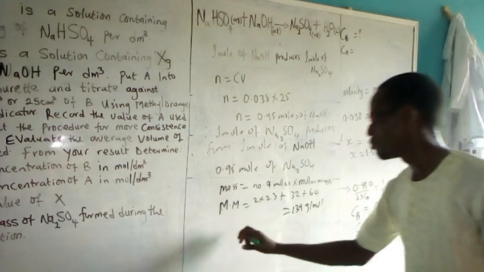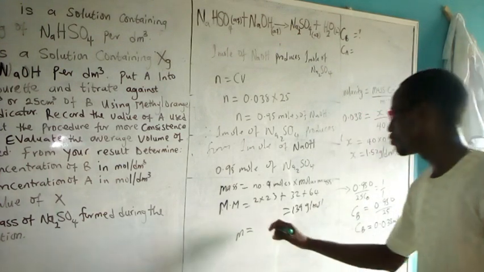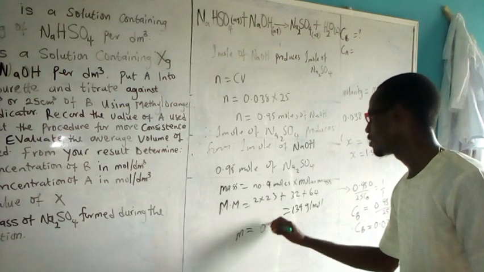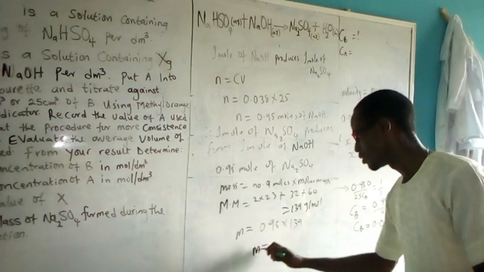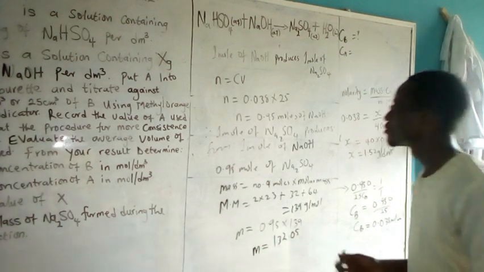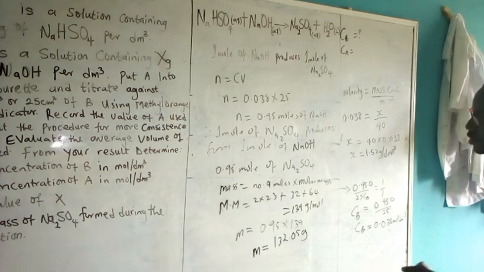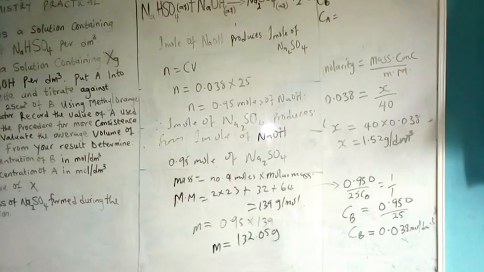So the mass that would be produced is equal to the number of moles, 0.95, times 139. 132.05 is the mass of Na2SO4 produced.